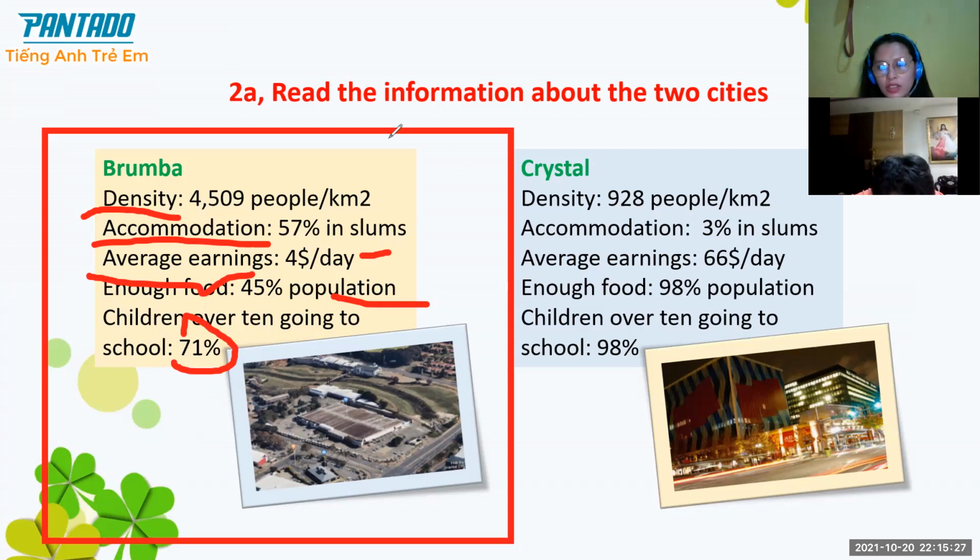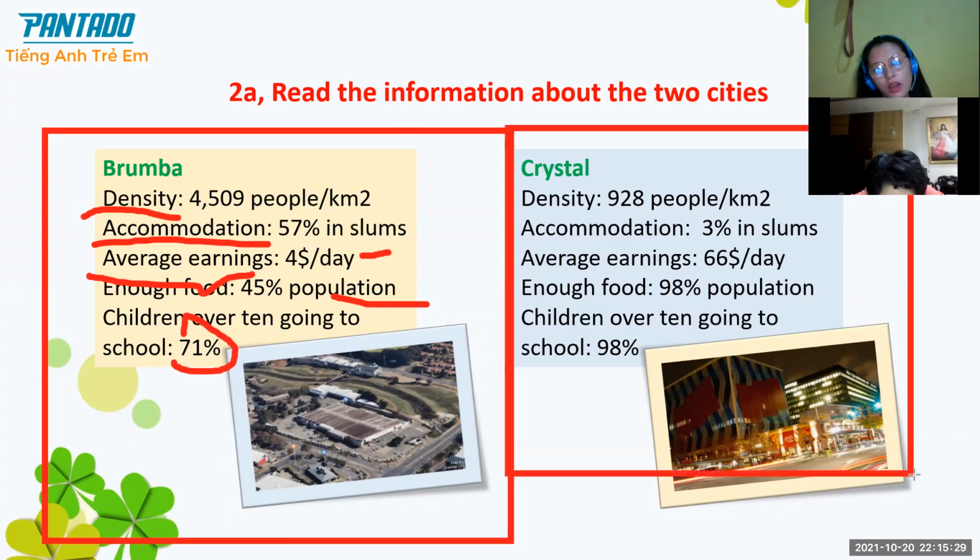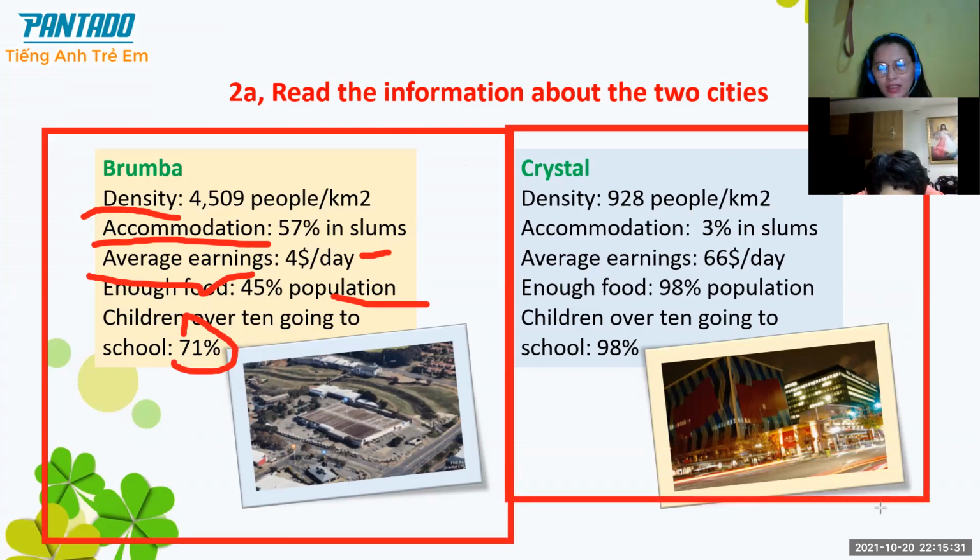Crystal. As you can see, which is more high-tech there. The density for Crystal, when you compare the two cities, is 928 people over kilometers square.